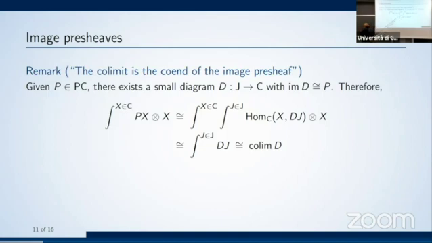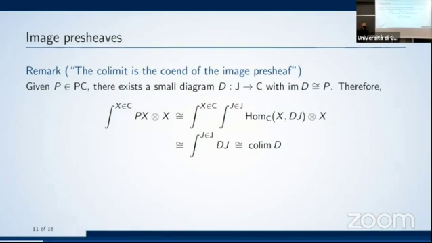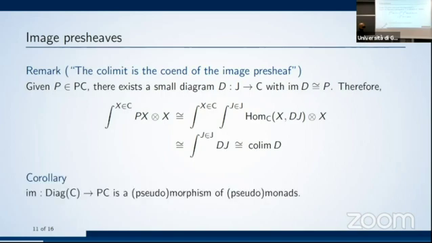Moreover, this derivation tells us that, as the slogan says, the colimit is the same thing as the coend of the image presheaf, which is basically saying that the image mediates between the two monads, or like this map that takes a diagram and forms its image presheaf is a morphism of monads, the weak one, okay?